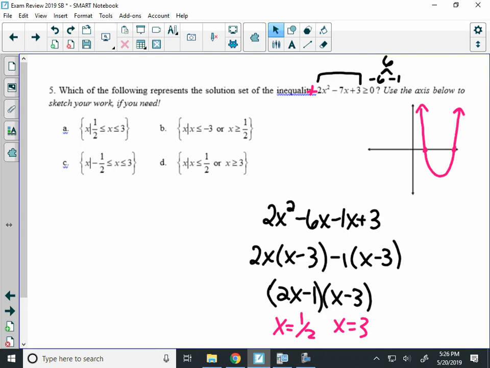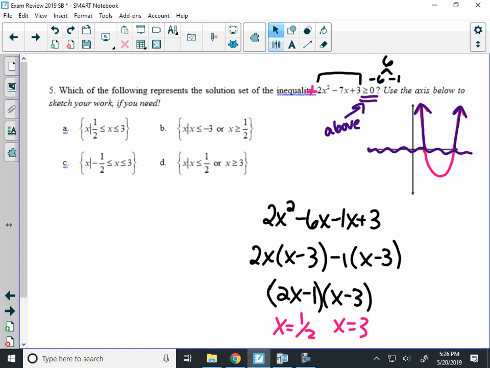That's totally fine. Now the question is, where are we greater than or equal to 0? That means above the x-axis. Well, this is the x-axis here. It looks like I'm above in 2 parts. I'm going to highlight them to make them stand out a little bit. 2 parts here above the axis, which means I need 2 inequalities.